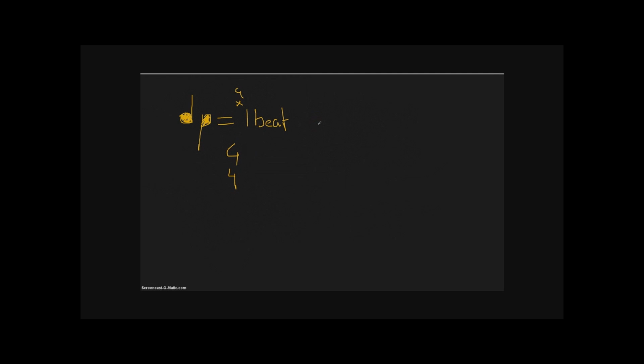Okay, and if I didn't say the name of it earlier, this is called a quarter note. We can also put 1/4 if we're talking about this time signature, so let's put 1/4. Okay? It's called a quarter note.